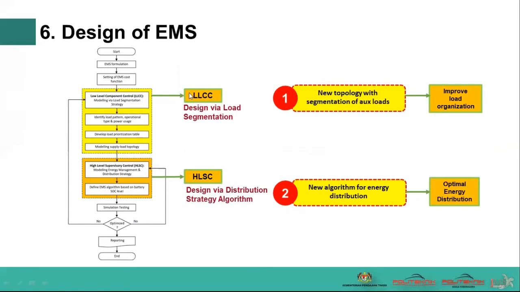So the first part is the low level component control, load segmentation, and the second part is high level storage control by using the distribution strategy algorithm. So for the first part, we come up with new topology segmentation of auxiliary load to improve the load organization. And the second part of high level storage control is we come up with new algorithm for optimal energy distribution.